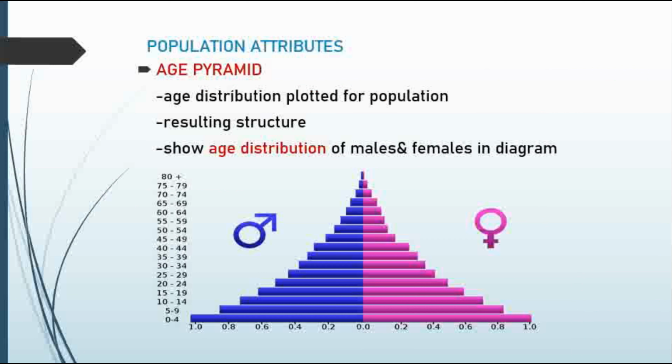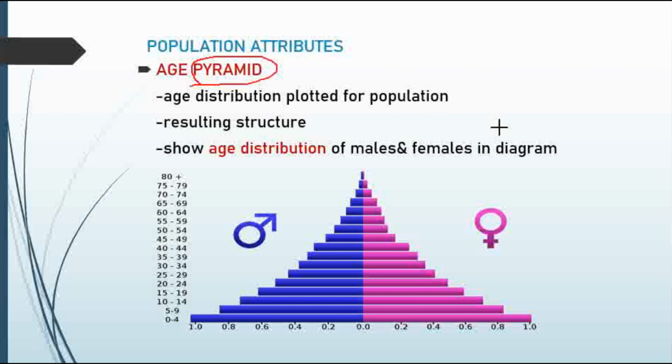Coming to the age pyramid, from the name you can guess it is a pyramid. It will be in the shape of a pyramid when age distribution is plotted for a population. You will get that pyramid shape, so that is why we call it an age pyramid.